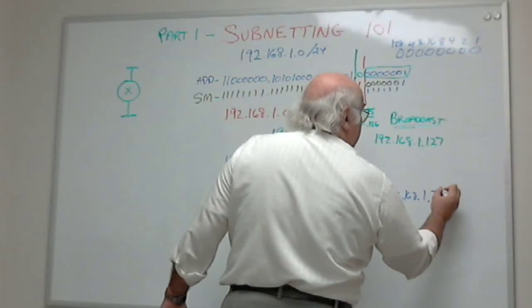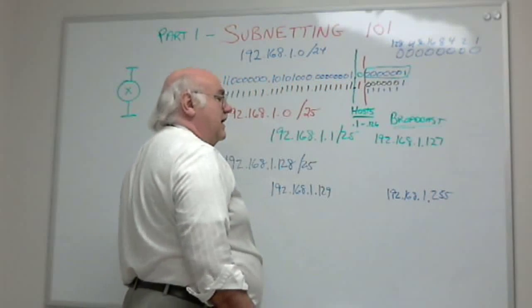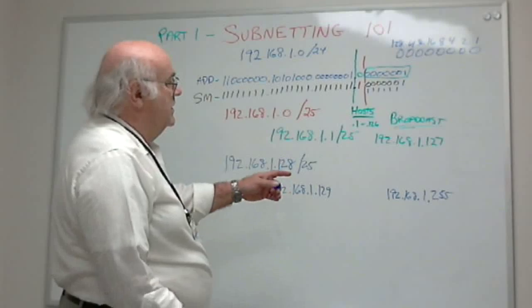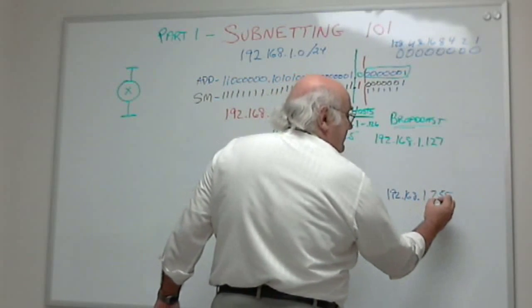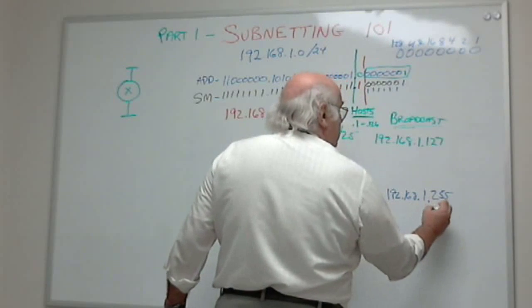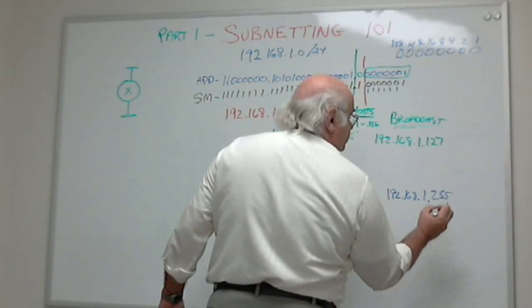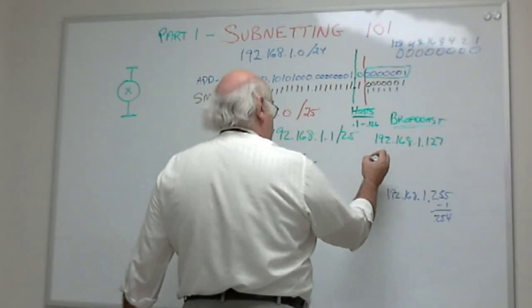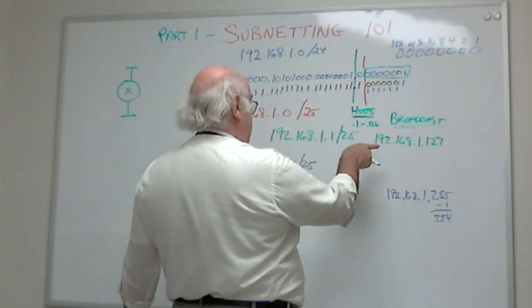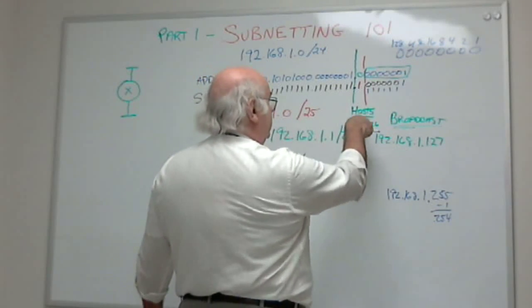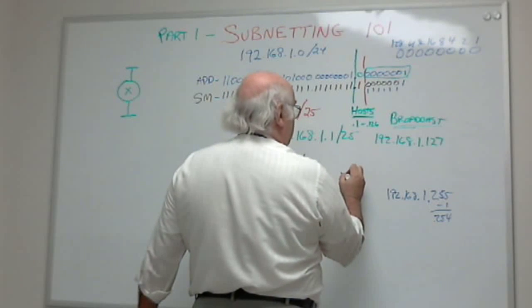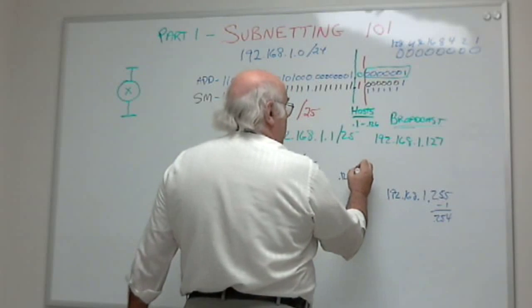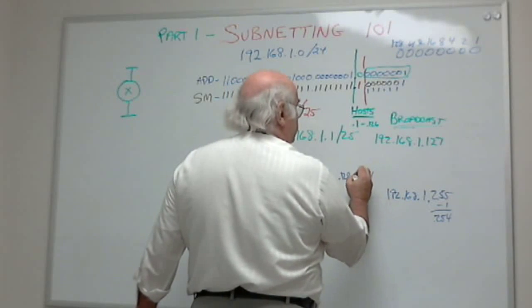So my broadcast is going to be 255, which makes my last usable address one less than that, 254. So my hosts here go from .129 to .254.